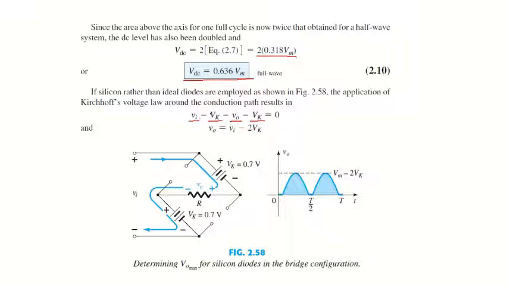This is the rise in potential and these are the drops. Summation of rise and drop is equal to 0, or rise is equal to drop.